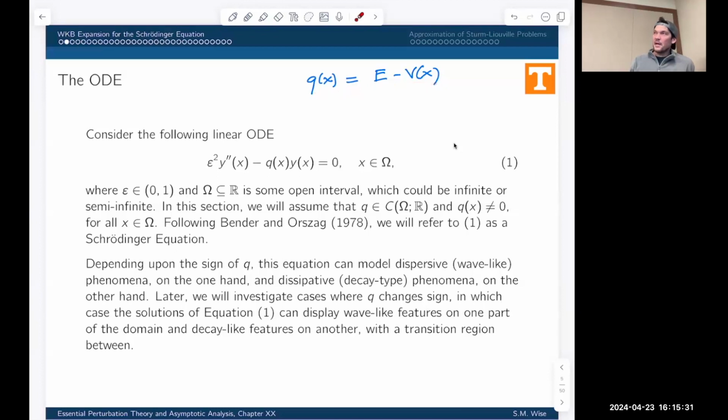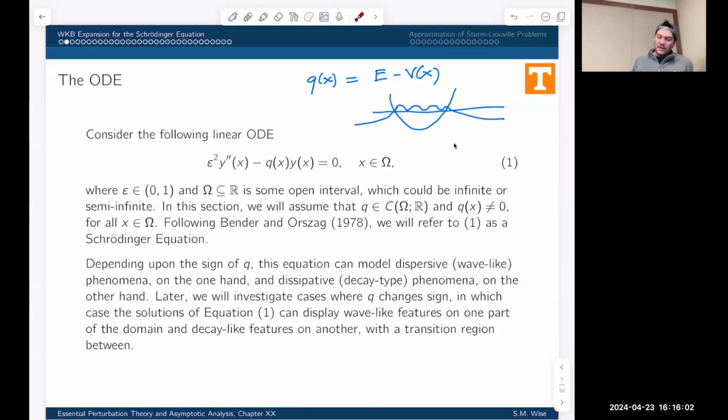One sign gives rise to dissipative phenomena, and the other sign gives rise to oscillatory phenomena. So it should be something like this. If that's a potential, you get oscillation in here, and then a decay outside, where you have this transition between E being greater than V or less than V. You have a change in the behavior of the solution.